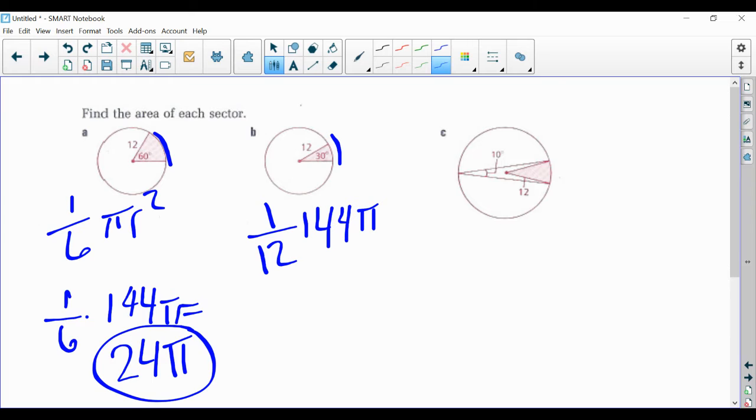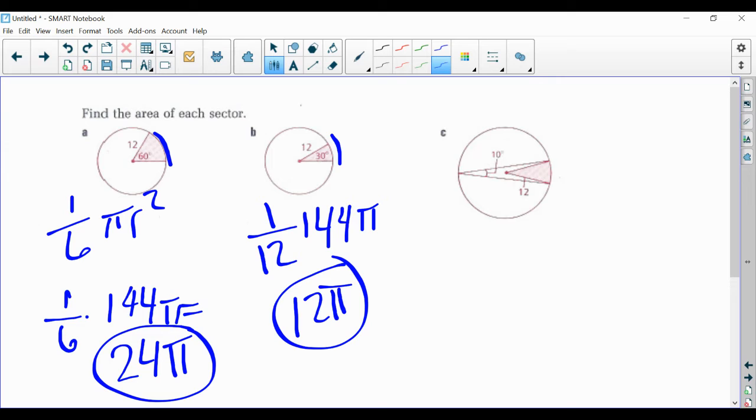And 1/12 of 144 pi is 12 pi. So, just as I predicted, we do have half the area with this sector. If you cut the angle in half, you cut the area in half. It doesn't work for the radius, though. If you cut the radius in half, you actually have 1/4 of the area.